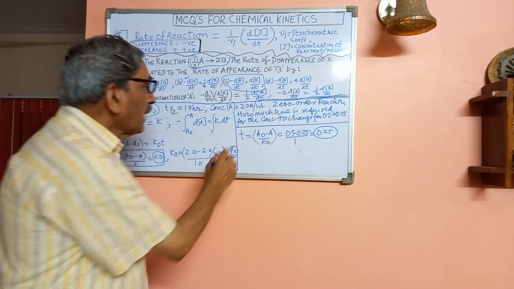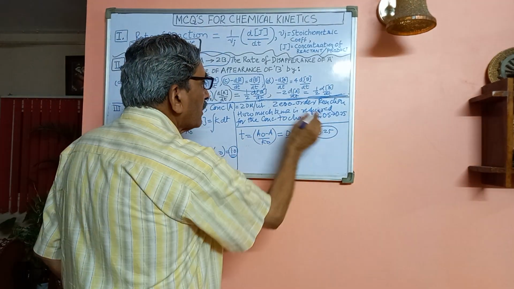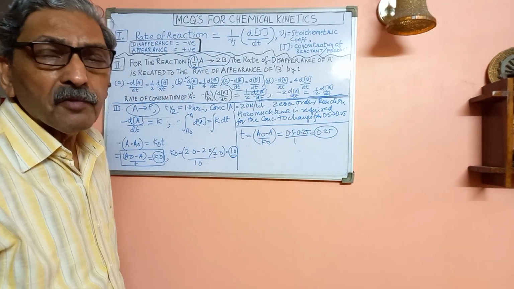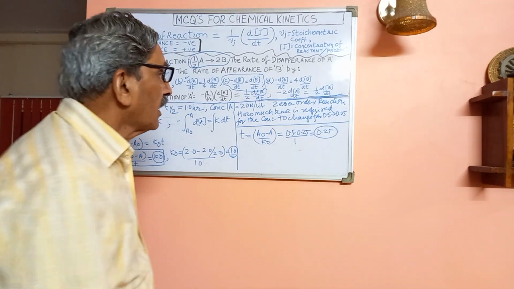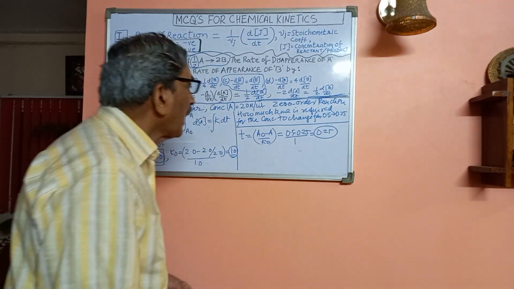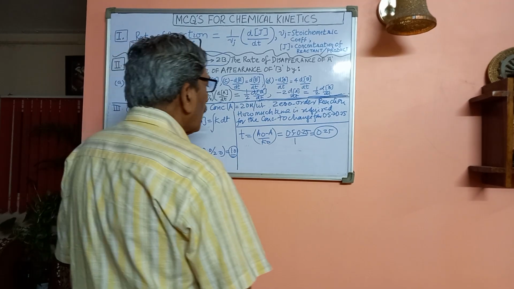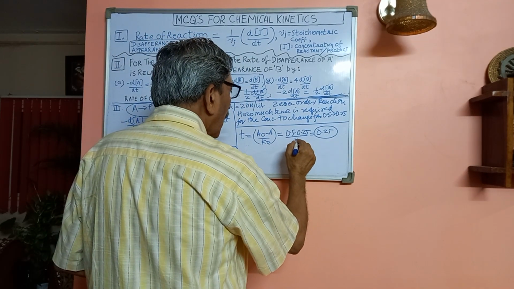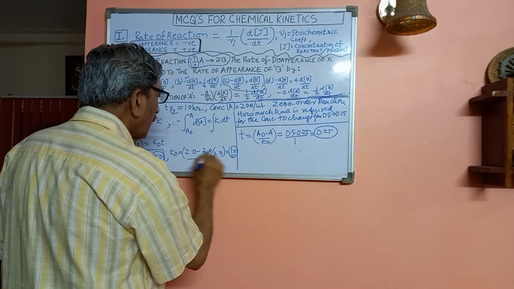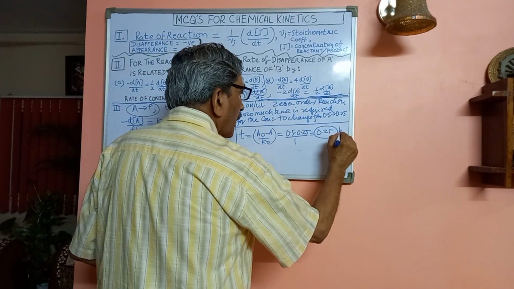So the time that it will take for the concentration to change from 0.5 molar to 0.25 molar is 0.25 hour, because remember that K0 is in per hour, so this will become in hours.